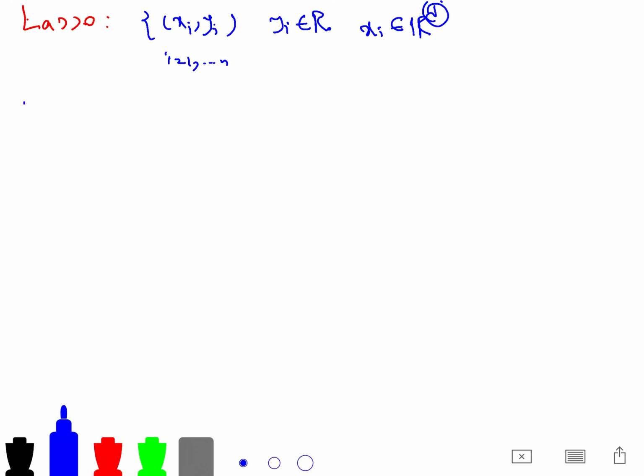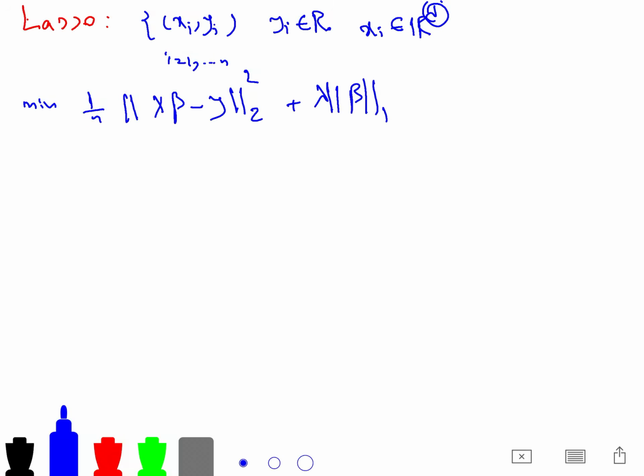You want to minimize 1 over n times the L2 norm of X beta minus y squared, plus lambda times the L1 norm of beta.